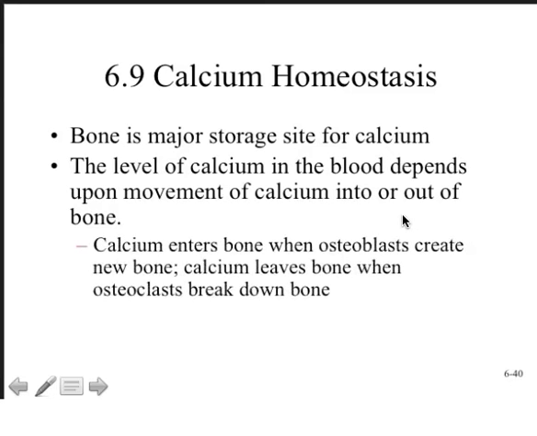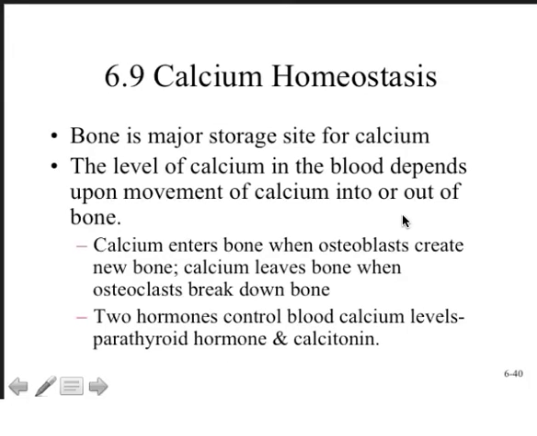Calcium enters the bone when the osteoblasts generate the new bone. They steal the calcium from the blood. The calcium leaves the bone when the osteoclasts dissolve it at those resorption bays that are on the surface of the compact bone. The two hormones that control these levels are parathyroid hormone and calcitonin.